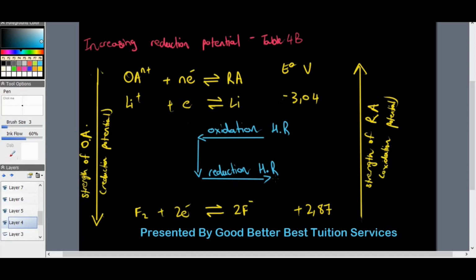You might prefer table 4B with the strongest reducing agent at the bottom and the strongest oxidizing agent on top, or the table with the strongest reducing agent on top and the strongest oxidizing agent at the bottom. If you want to use both, you definitely can. When I was at school in the exam, I used both.